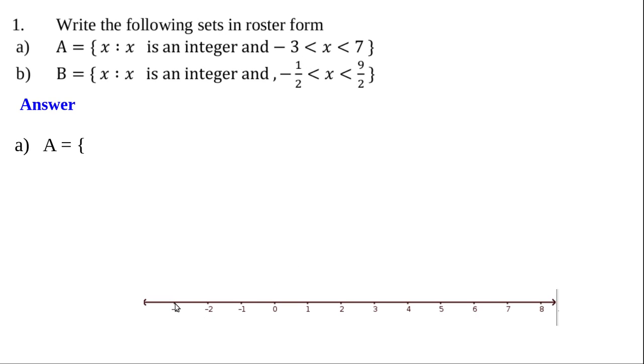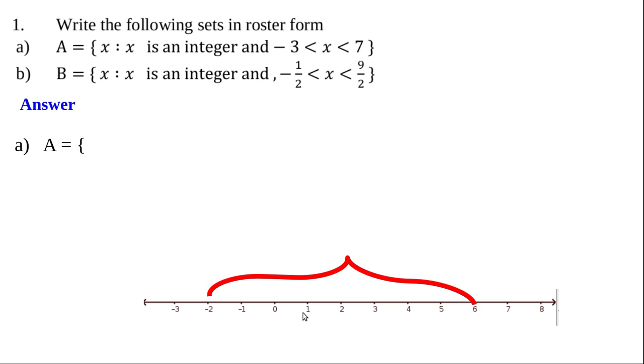Negative 3 is here, 7 is here. We want to write all the integers in between negative 3 and 7. Which are they? Negative 2, negative 1, 0, 1, 2, 3, 4, 5 and 6. These are the integers in between negative 3 and 7.